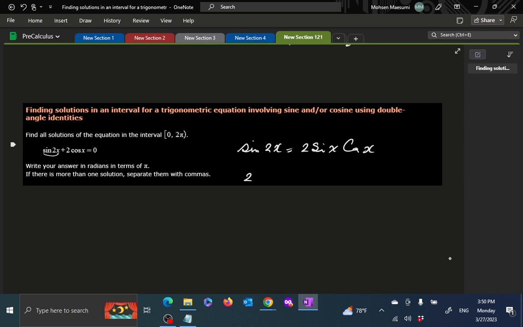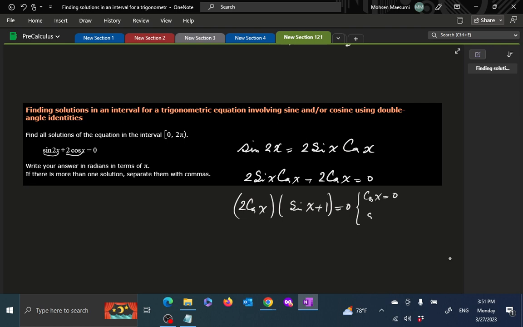So we have 2 sine x cosine x plus another 2 cosine x, that's the second piece, equal to 0. Factor 2 cosine x. We are left with sine x plus 1 equal to 0. So two possibilities, either cosine is 0 or sine x is equal to minus 1.